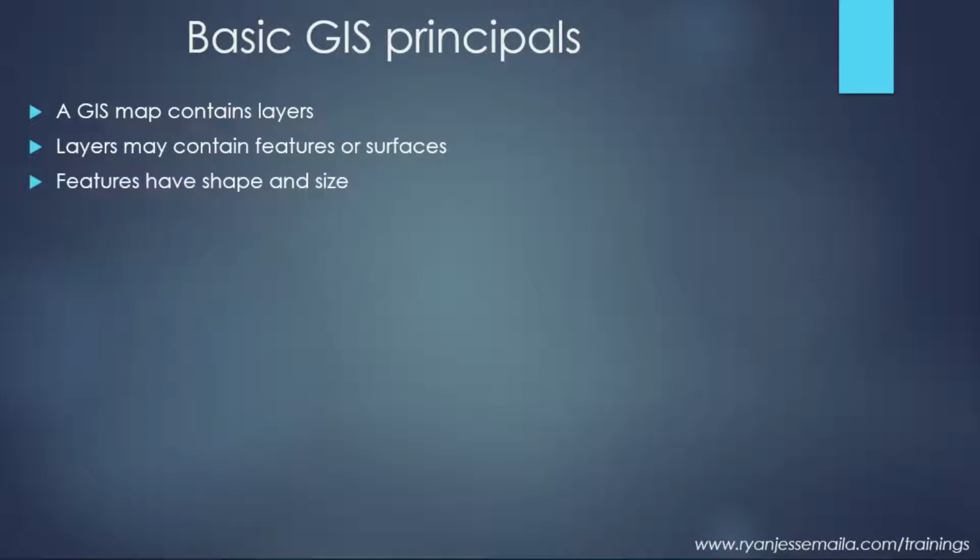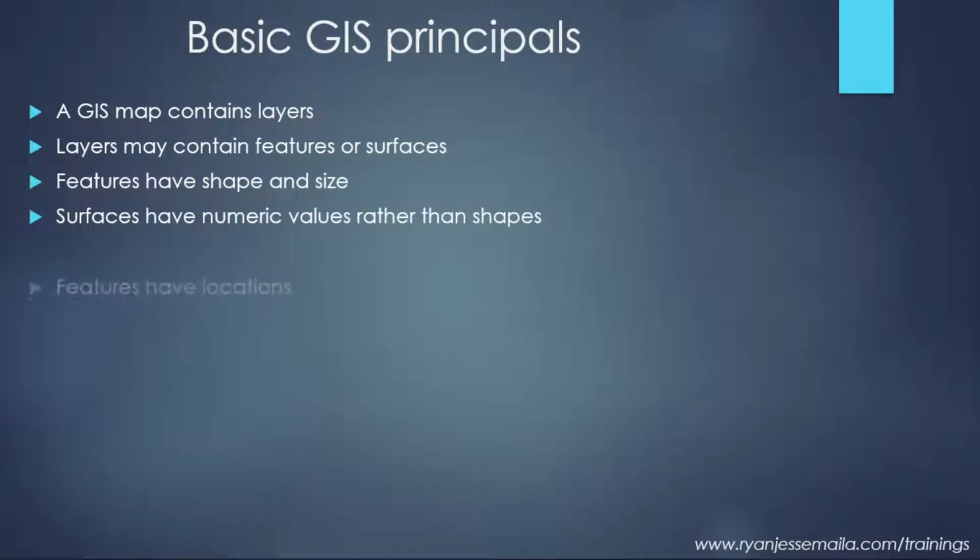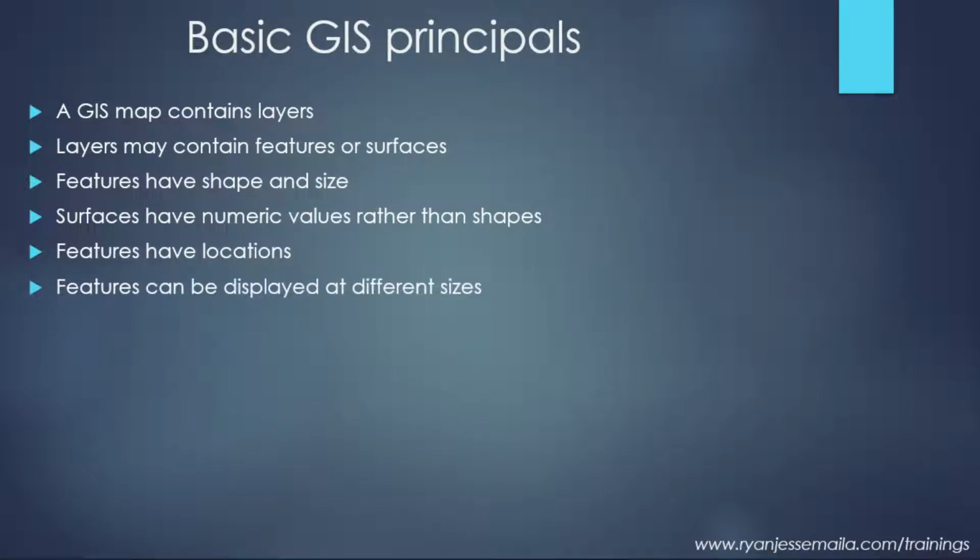Features have shape and size. Surfaces have numeric values rather than shapes. Features have locations. Features can be displayed at different sizes. Features are linked to information.